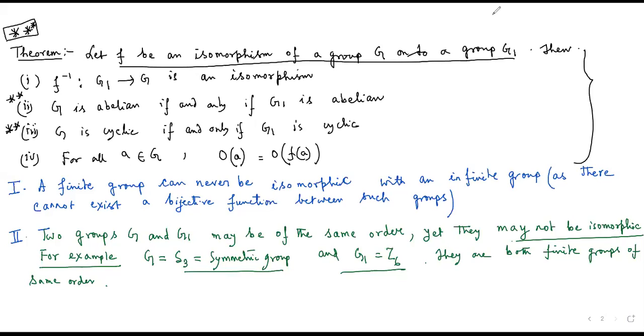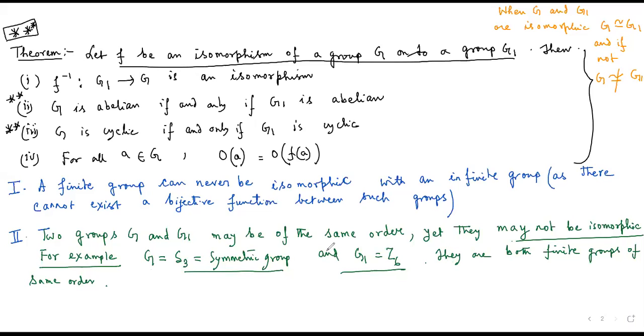Since I'm writing this point, there is one notation I have to talk about, because I have not introduced it and so am unable to use it right now. When G and G prime, or G1, are isomorphic, we use this notation to denote that there is an isomorphism between them. And if not, then we write G not isomorphic to G1.